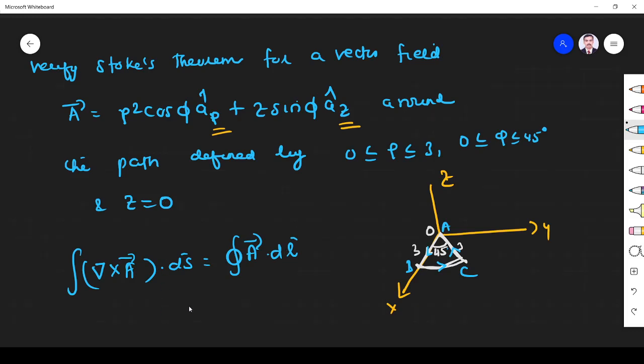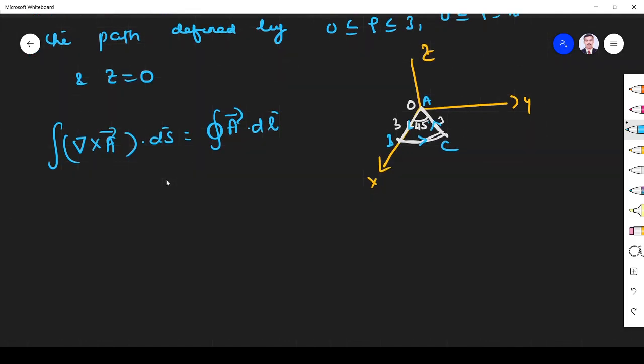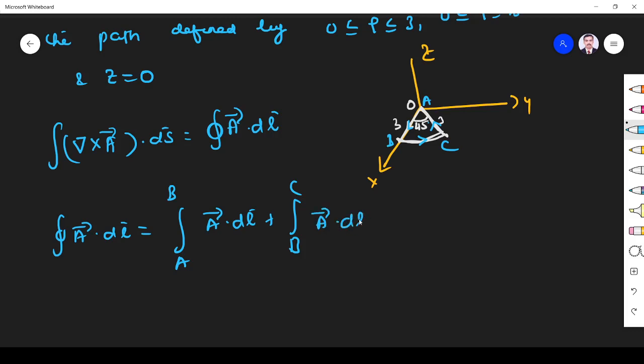Now we start with the right hand side, which is the closed integral of A dot dl. I write it as the integral from a to b of A dot dl, plus b to c of A dot dl, plus c to a of A dot dl. That is the closed contour. So from a to b, what is happening?